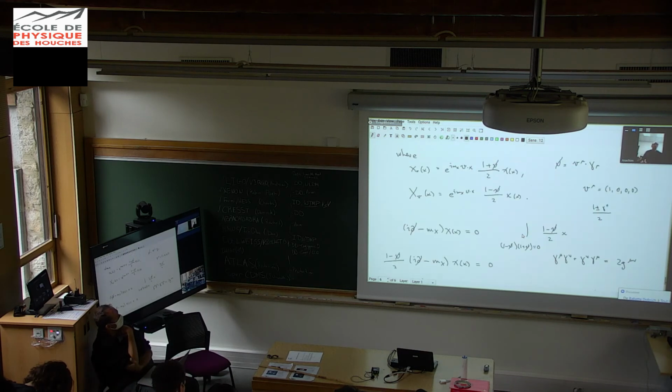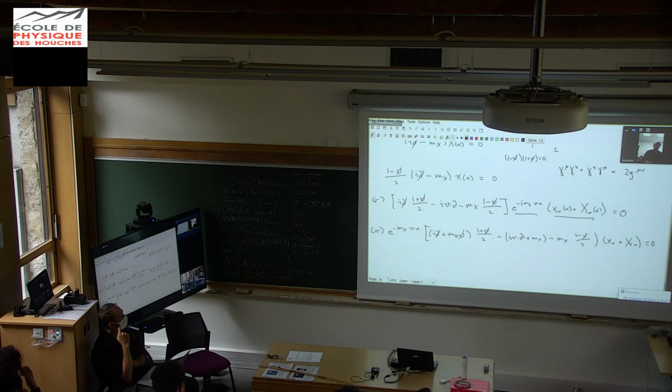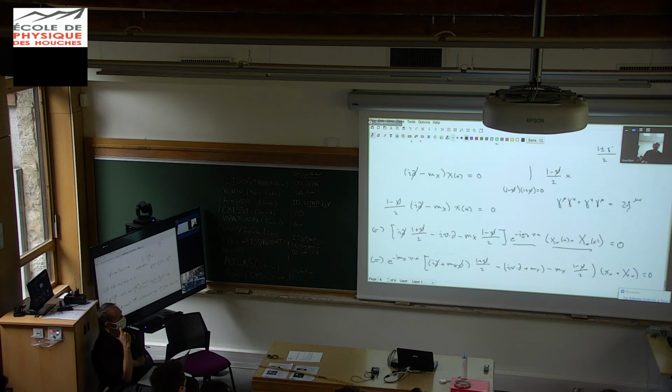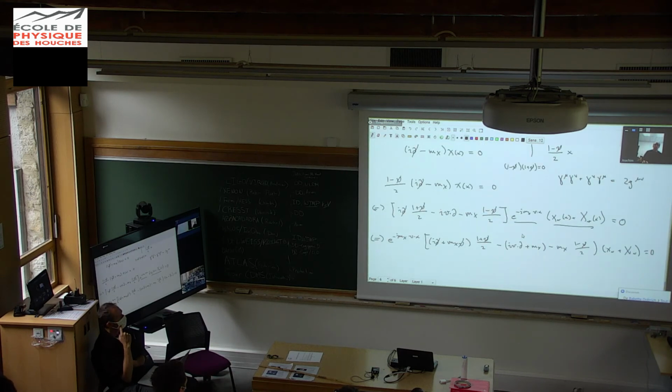And by definition, the small chi v comes with a 1 plus v slash, and the capital chi v comes with a 1 minus v slash. So if you act with the opposite projectors on it, this will just drop out. So 1 minus v slash acting on this one will be 0, 1 plus v slash acting on the capital one will be 0, and so on. So this simplifies.